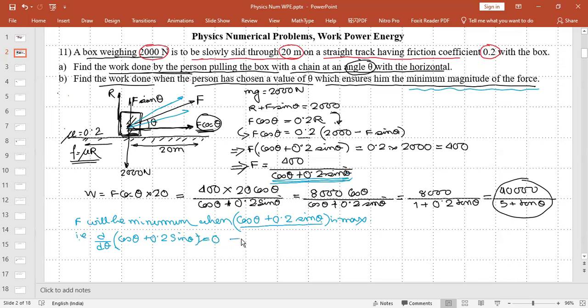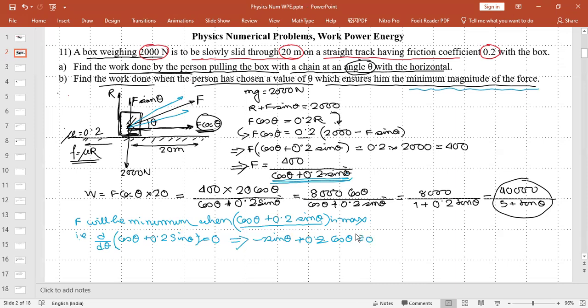Differentiation of cos theta is minus sin theta, and 0.2 is a constant, and differentiation of sin theta is cos theta.